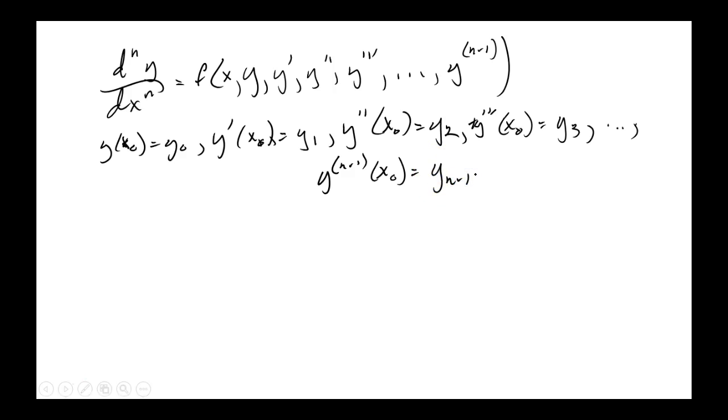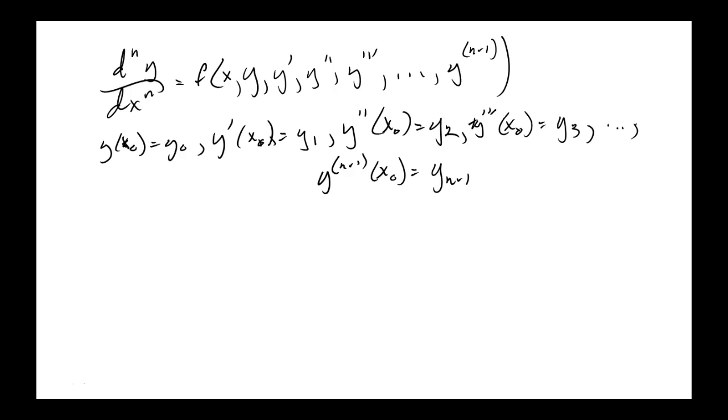Okay? So you have a function of x and y, and then all these derivatives of y up till, but not including, the nth derivative of y. That's your function.